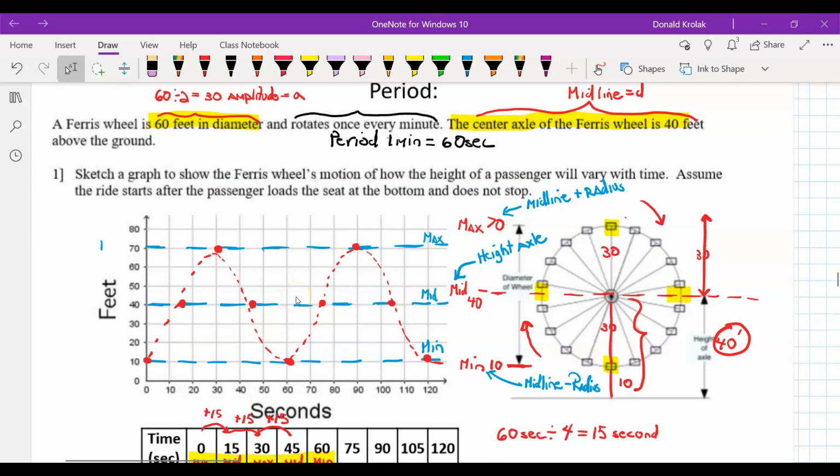If you did, there's a max 30, there's a max 90. And if I did 90 minus 30, that's going to be my period, which I already know is 60 seconds. But if it was a problem where we didn't know the period and we had to figure it out from the graph, that's how I could do it from the graph.